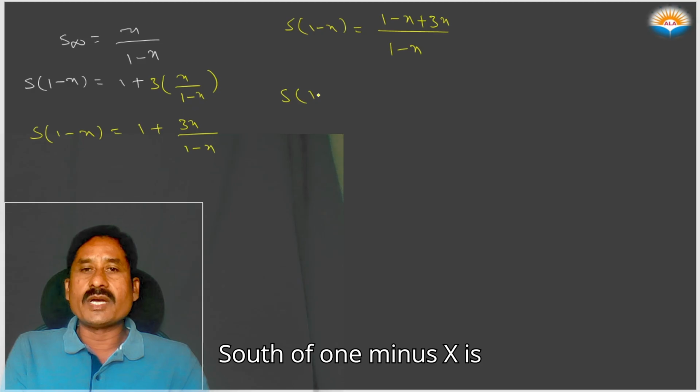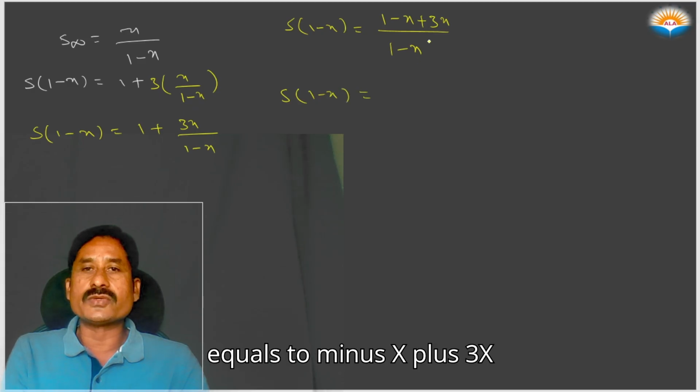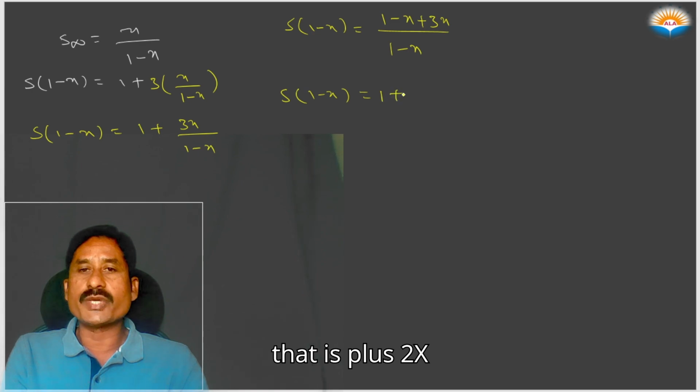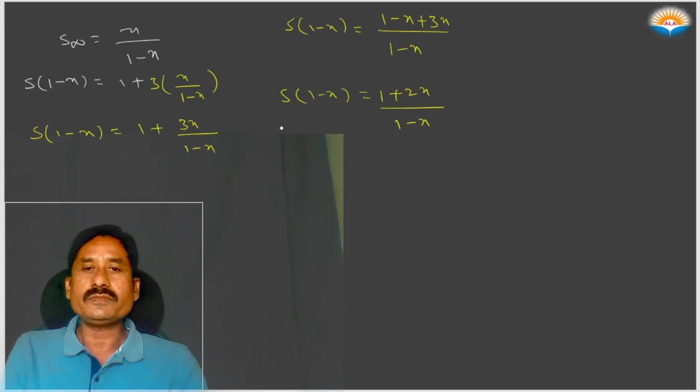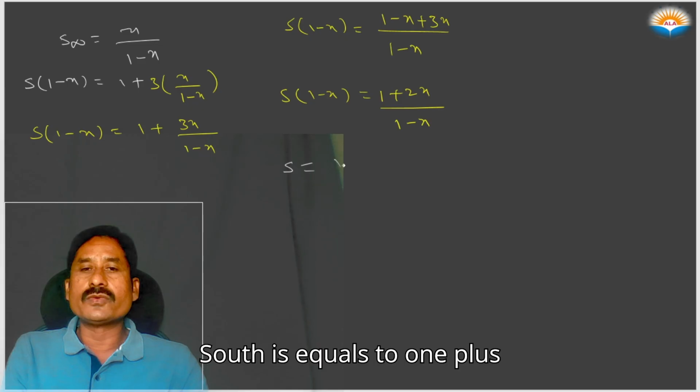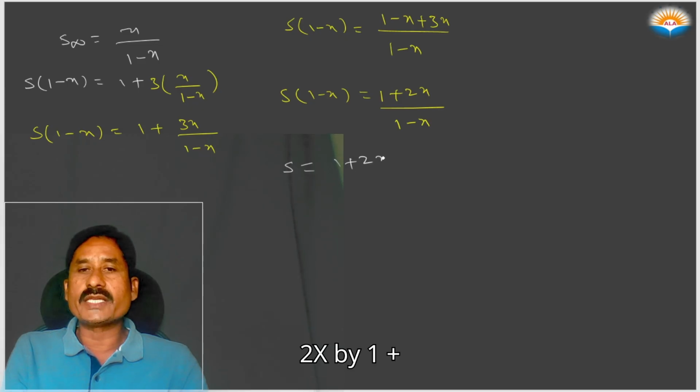So S of 1 minus x is equal to minus x plus 3x, that is plus 2x by 1 minus x. Here this 1 minus x we bring from LHS to RHS. S is equal to 1 plus 2x by 1 plus x.